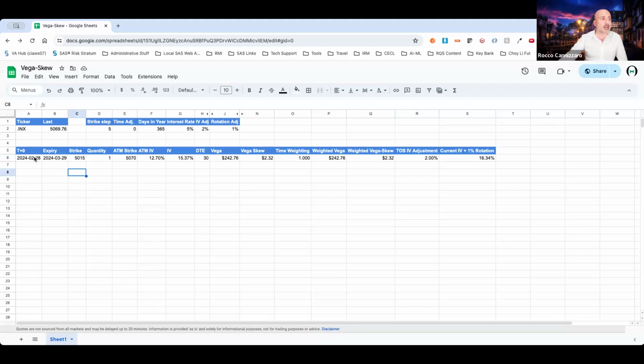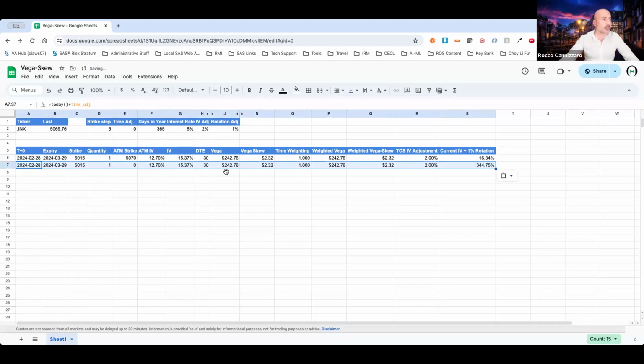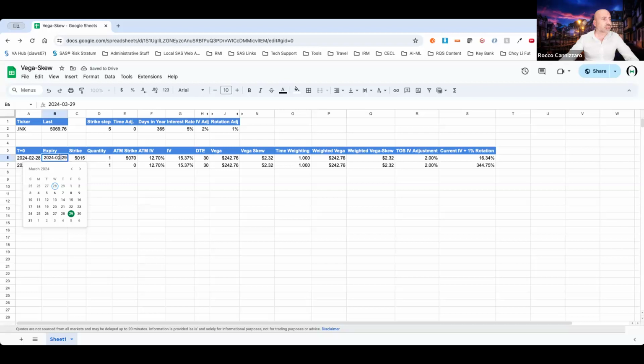So imagine that I have, let's say, a spread. I'm going to copy this formula. We're going to change the expiration to be, let's say, May, for both of them. And this is going to be a 50-20 strike.